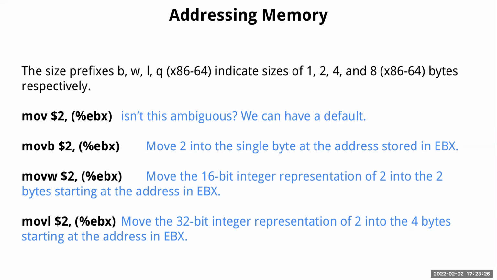Or there is L, which is long, which is 4 bytes. If you want to move data like this to memory, you are more likely to use one of those instructions which explicitly specify the data item size.